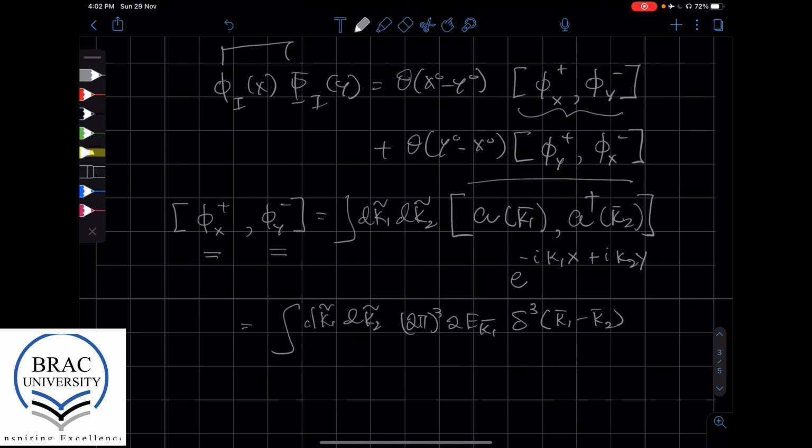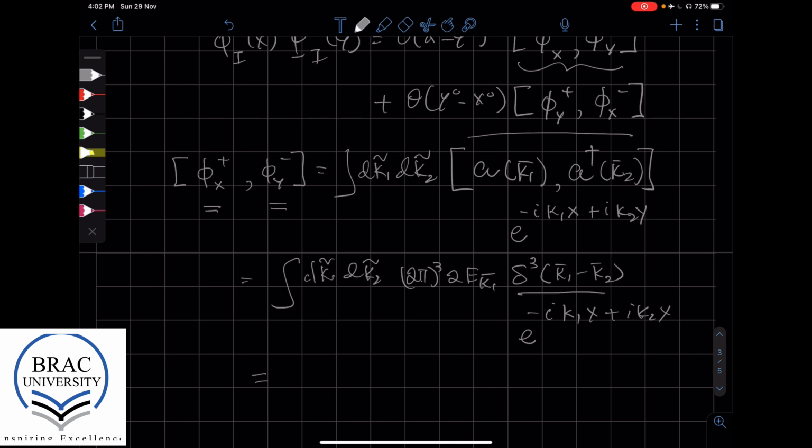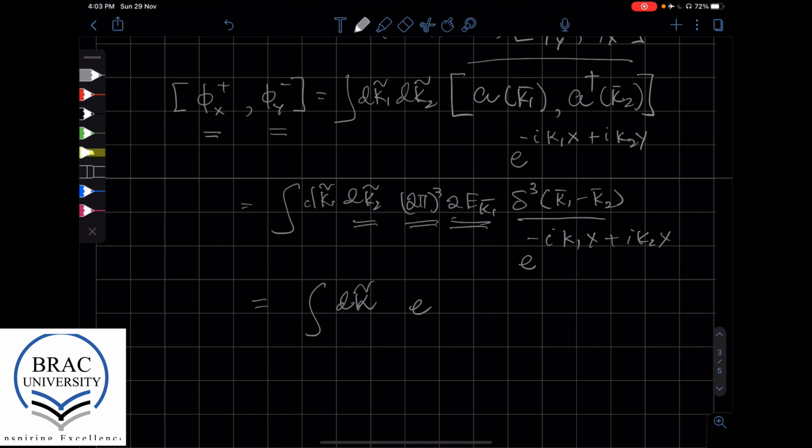Using the delta function, we can do one of these integrals, and since these measures contain factors of (2 pi)^3 as well, those cancel out. So I end up with only one k integral, k1 becomes equal to k2, and I get e to the power minus i k (x minus y).